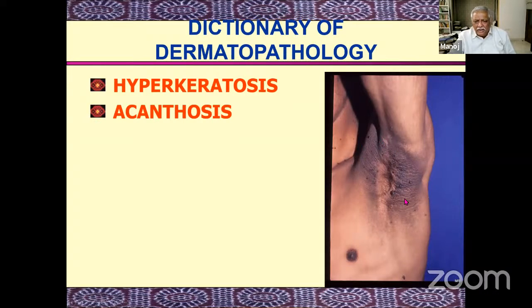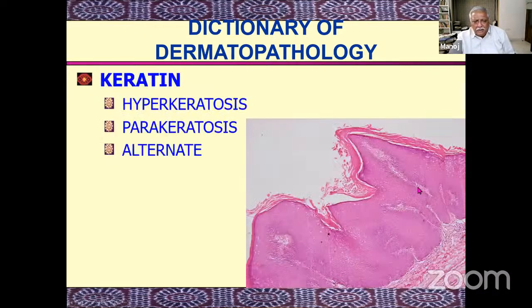And this roughly is what clinically a hyperkeratosis and acanthosis will look like. So again, you can make out here that there is this extensive thickening of the epidermal layer. Now, this extensive thickening of the epidermal layer is known as acanthosis.